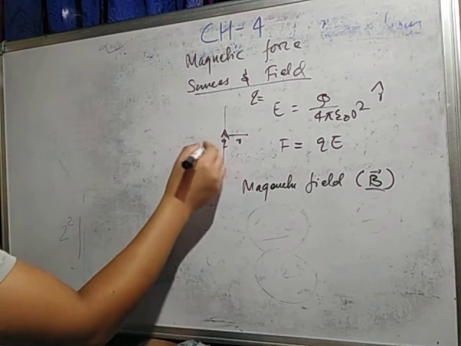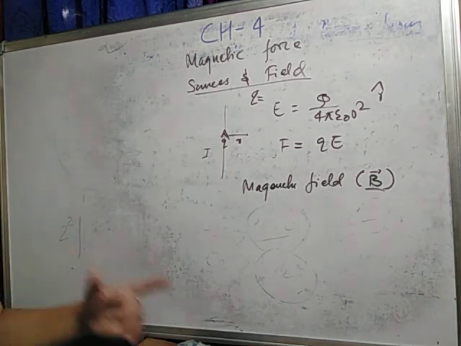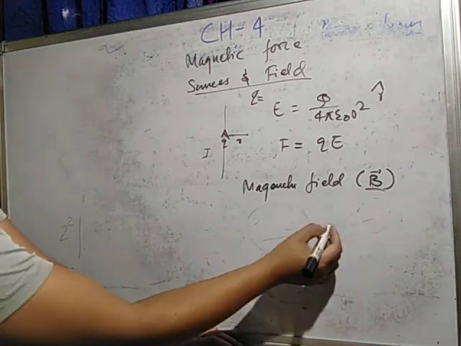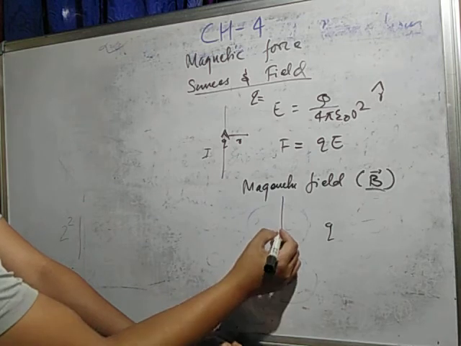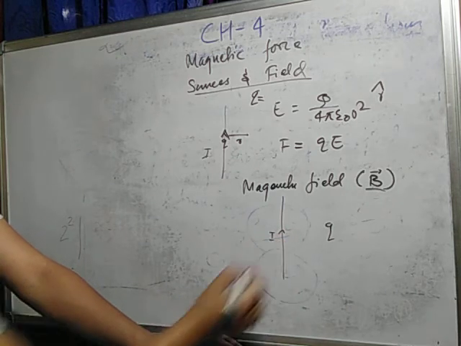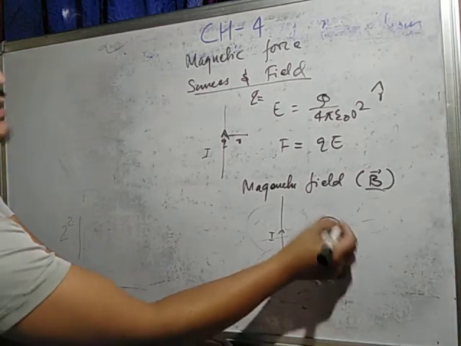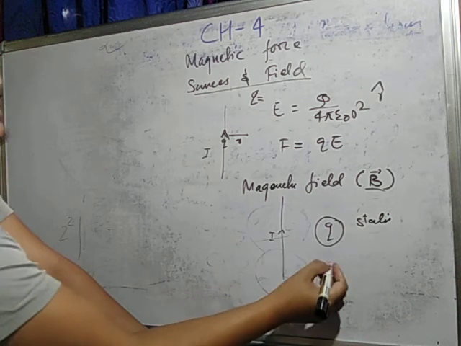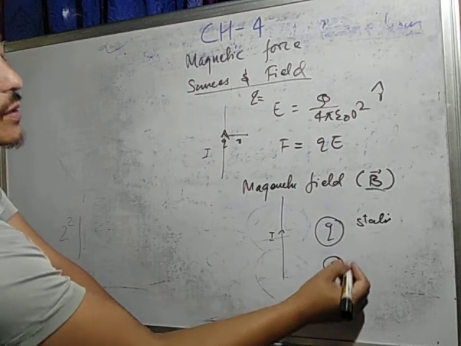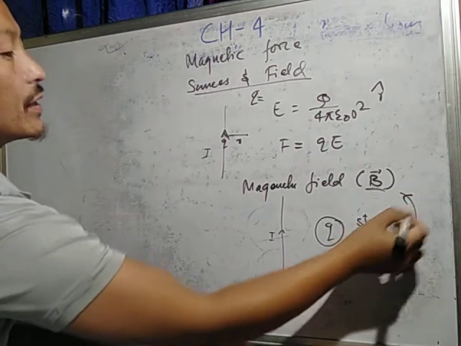So what is a moving charge? Current. Current is the flow of charge. If I have a charge over here and it is static, then you will not get a magnetic field. If this charge moves with velocity v, then only you will get a magnetic field.